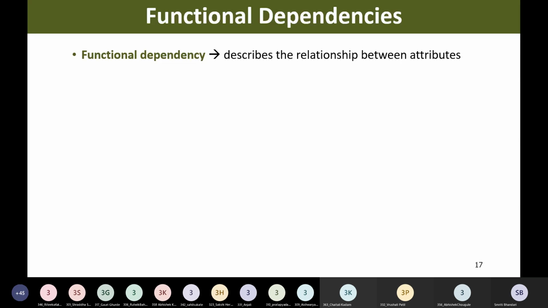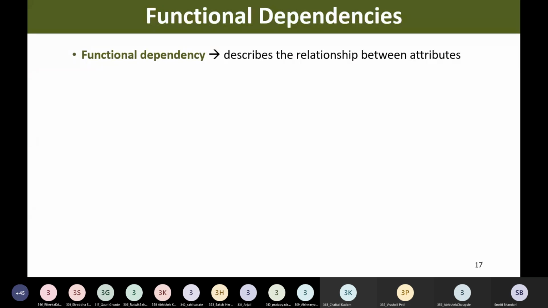The semantics indicate how attributes relate to one another and specify the functional dependencies between the attributes.